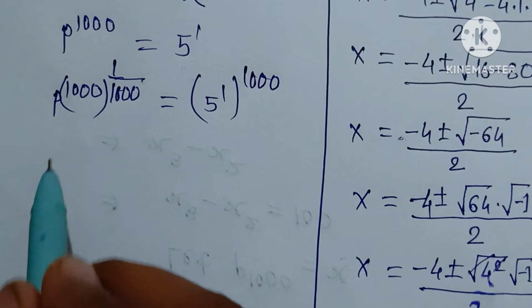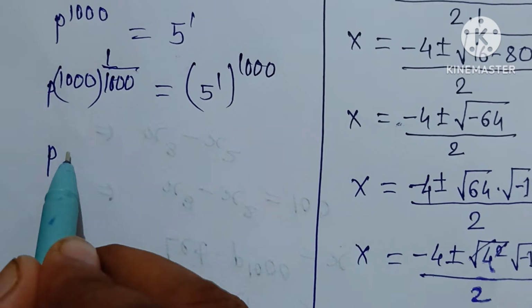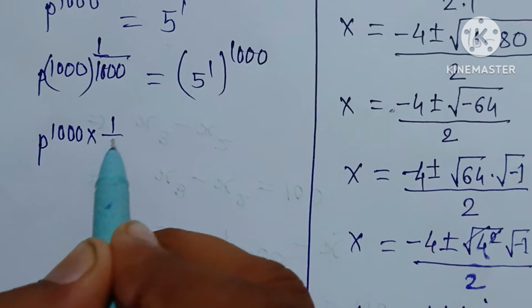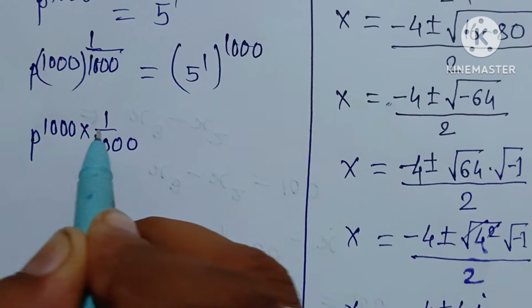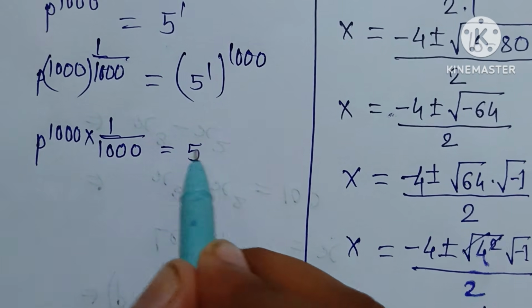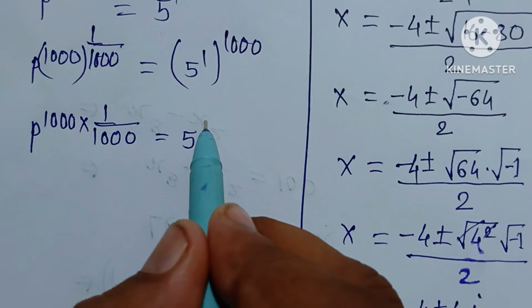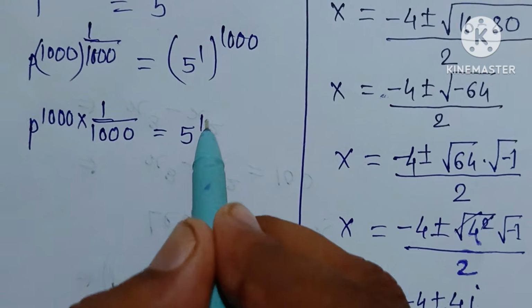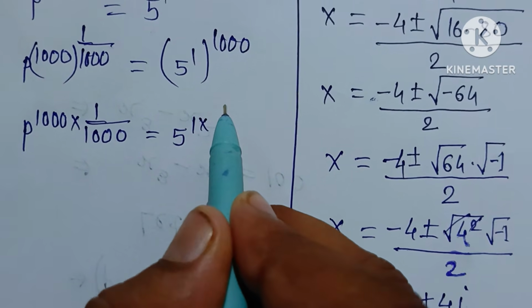So we can write then this p raised to the power 1000 into 1 upon 1000, equal to 5 raised to the power 1 upon 1000, 1 multiplied by 1000.